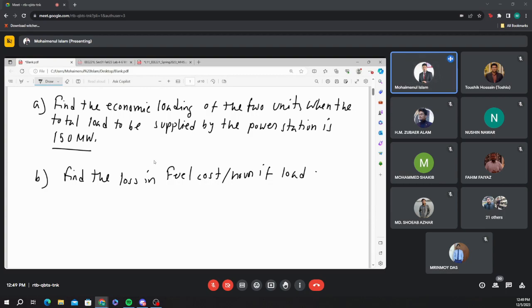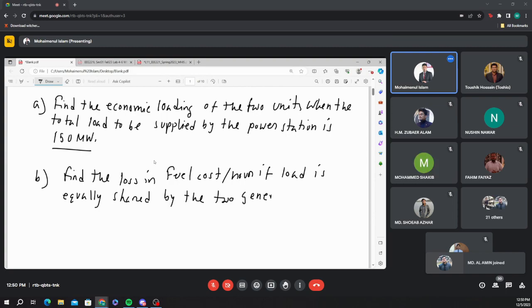So if the load is equally shared between these generators, you have 2 generator sets and they share the whole load. That means if it is 150 megawatt, you need to divide it, like 75 megawatt and 75 megawatt, 75 megawatt each. So what about the fuel cost per hour in that scenario?